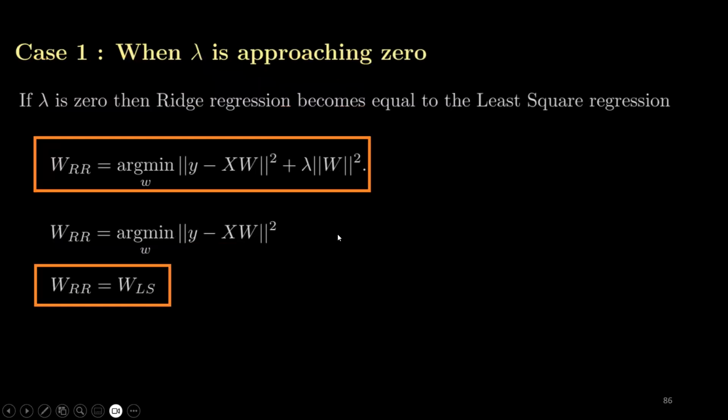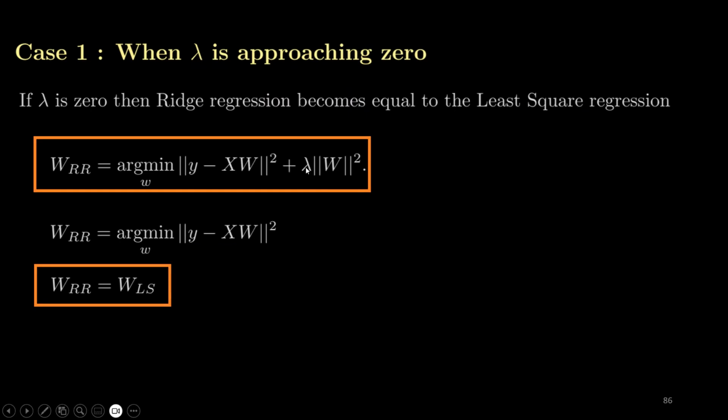Now there are two special cases. Case one is when lambda is approaching 0. When will lambda try to approach 0? If the weights tend to approach infinity, if the weights become very large, then in order to keep the balance, lambda will try to approach 0 so that the balance between these two terms remains.